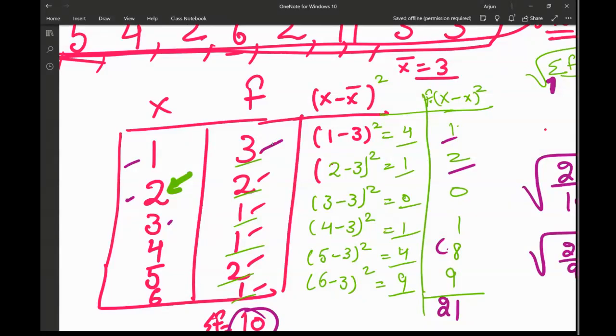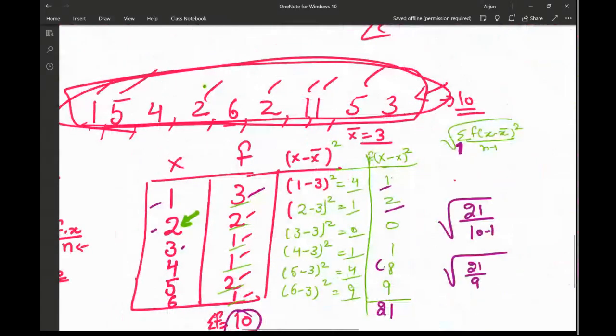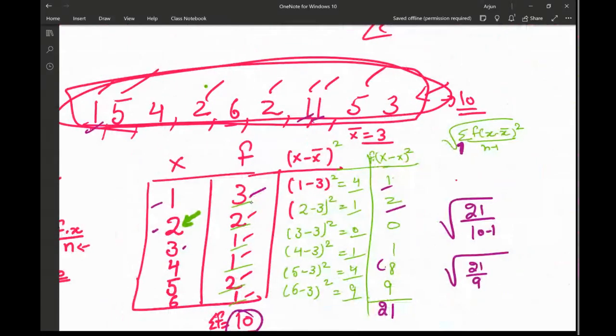This is 3. Let me just quickly see. 1, 2, 3. And then this is 2. 2 is repeating itself twice. And then 3 is repeating itself 1 time. 4 is repeating itself 1 time, and 5 is repeating itself twice, 6 is repeating itself one time.